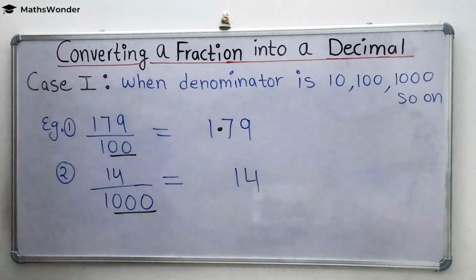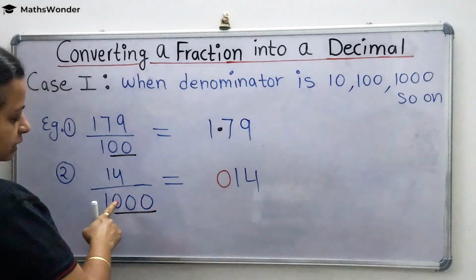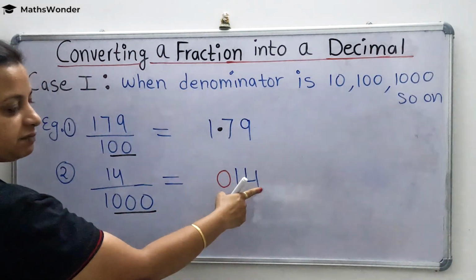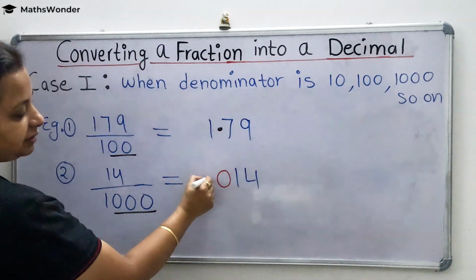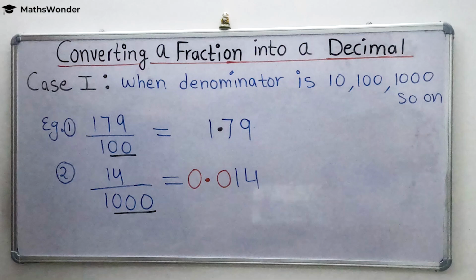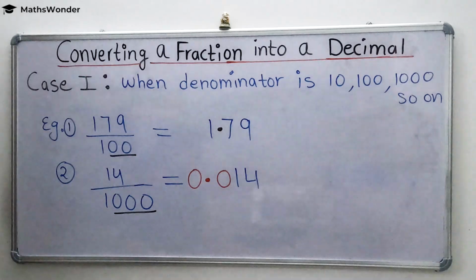We have only 2 digits, but there are 3 zeros. So what will you do? You add 0 according to your need. Start from the extreme right: 1, 2, 3. After 3 digits, you put the point, and you always have to add the 0 in your answer.